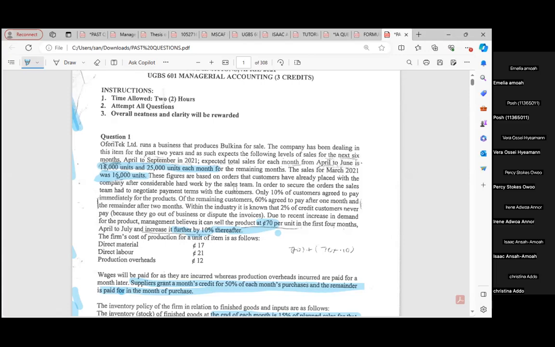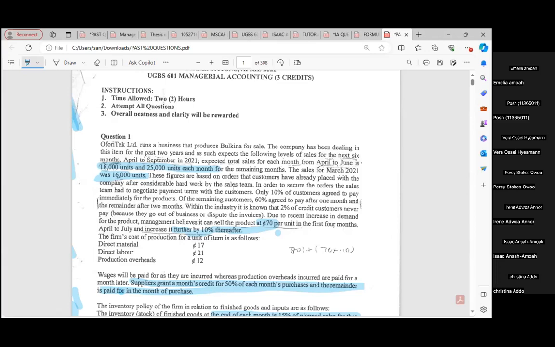What does that mean? It means that when you take the 10 out, the rest is being treated as 100%. 60% pay after 1 month, the rest 40 pay after 2 months.